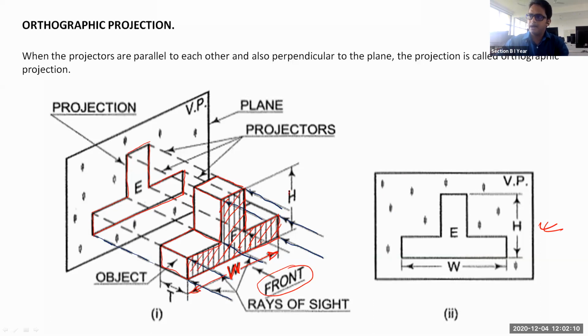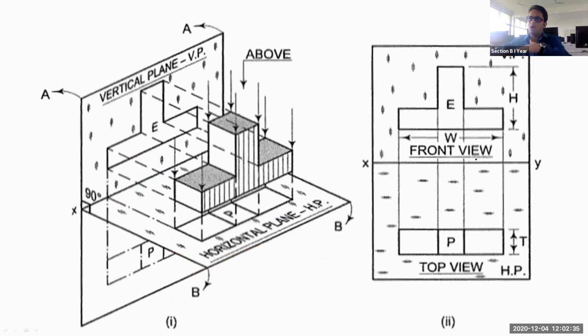And the height of the object you will be able to see, that is your capital H. What is written here is capital H and W. So these are the two dimensions that you will be able to see in your front view. Keep in mind that you are able to see only two dimensions. This is your front view. Now, what projection will you get if you look at it from the top?